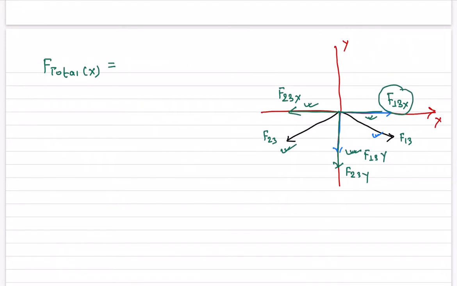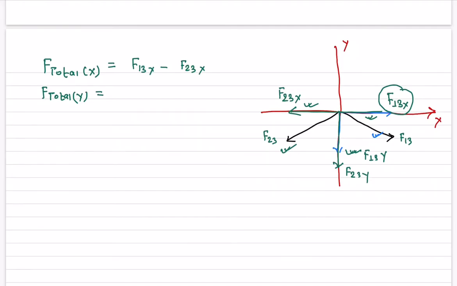First you have to find out the total force along the x-axis. We already have found the x components, so the total force will be the F13 x component minus the F23 x component. The same way, you have to find out the total force along the y-axis, or the total y component.